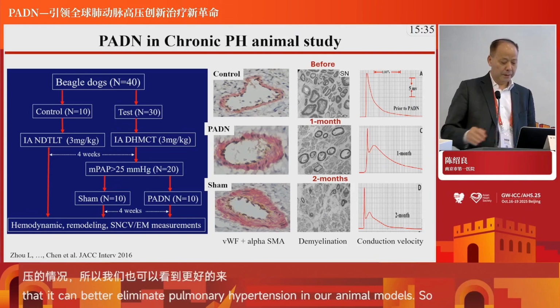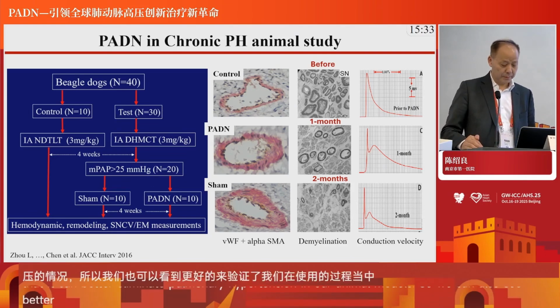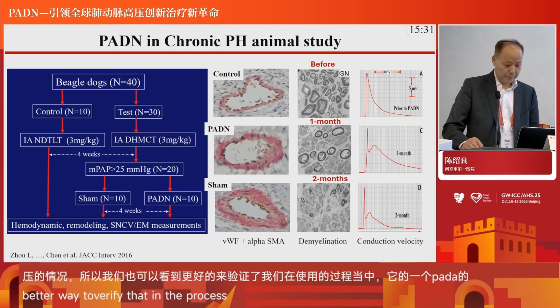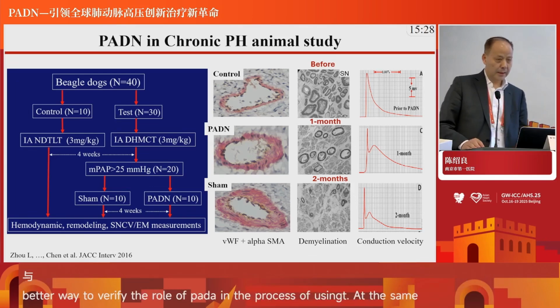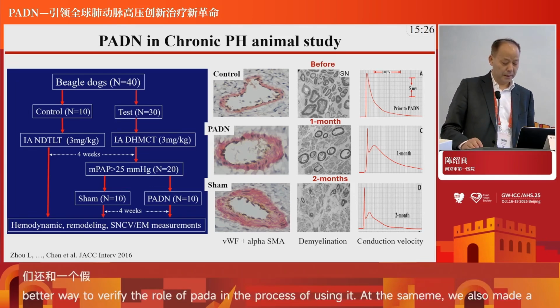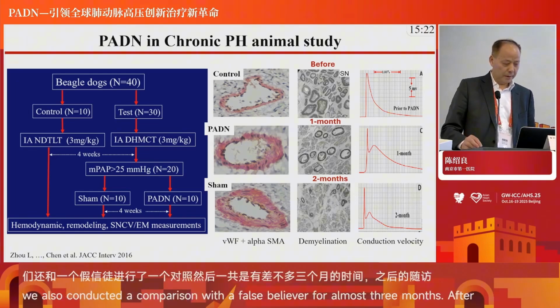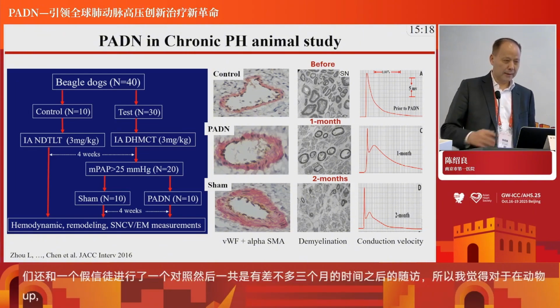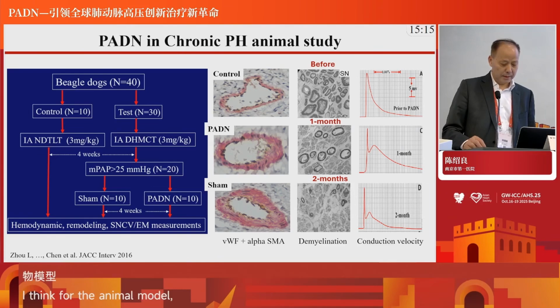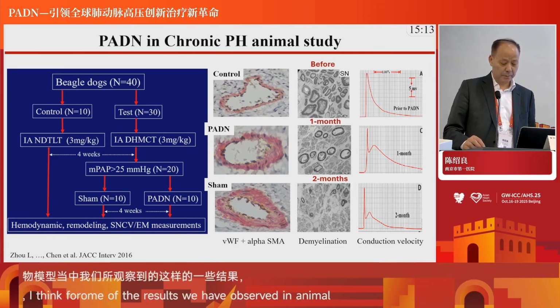From the middle panel, compared to the sham group at 3 months follow-up, the vascular lumen in the PADN group looks pretty large with very mild proliferation of smooth muscle cells. I think this finding is very consistent with the finding from electroscopy.